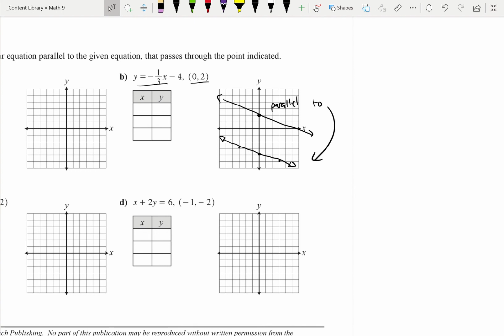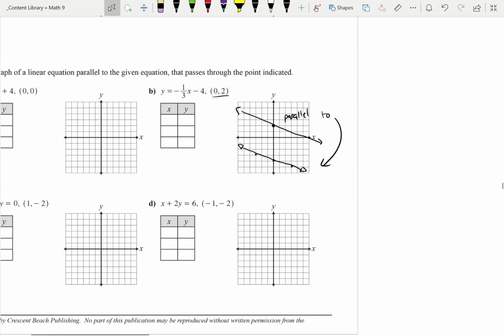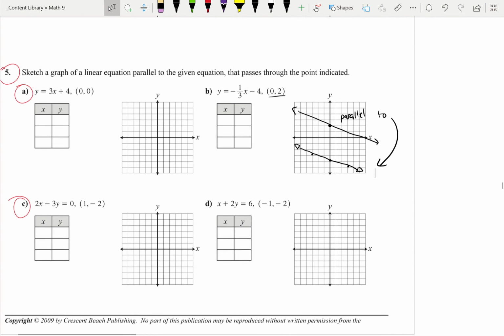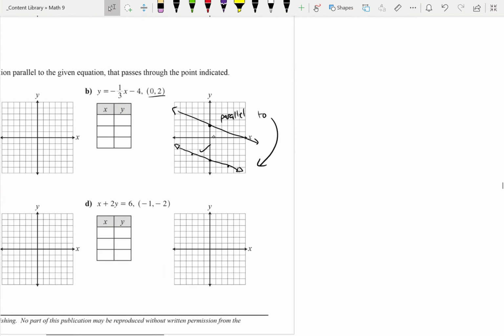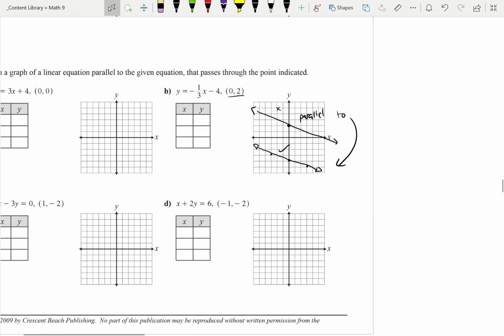As a hint, it has something to do with either the slope or the y-intercept. And notice how all of these are in our slope-intercept form. So think about those. I don't want to give away the answers too early, and don't just follow this. This line is graphed correctly. This one is likely not because I just drew it off the top of my head. But think about what it means for two lines to be parallel.